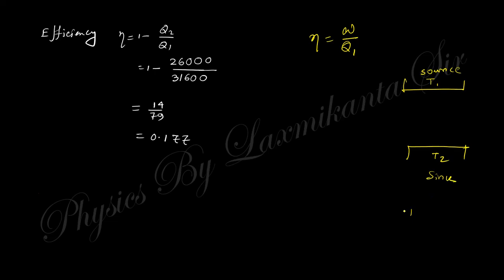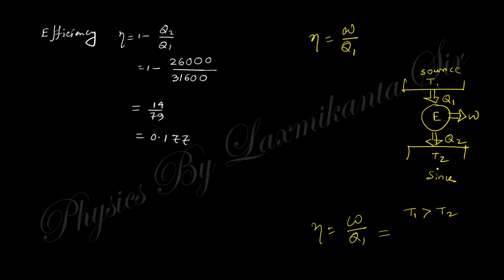Always the source temperature is greater than the sink, and this amount of heat is absorbed from the source, the engine does some work, and the rest of the heat is transmitted to the sink. This is the process. So the efficiency of this engine is nothing but work done by heat absorbed.